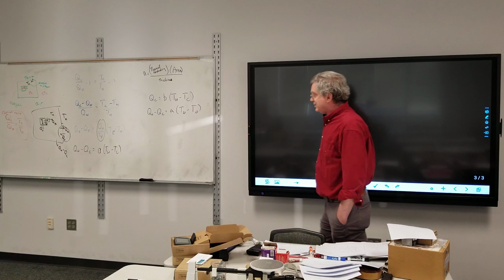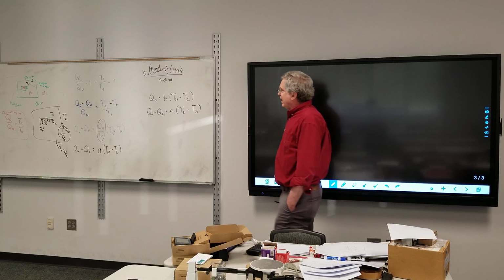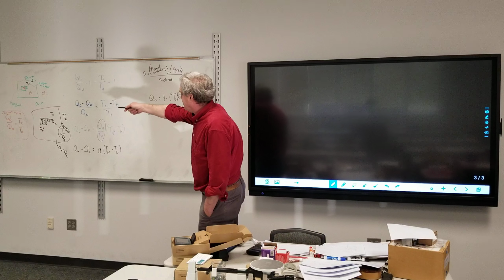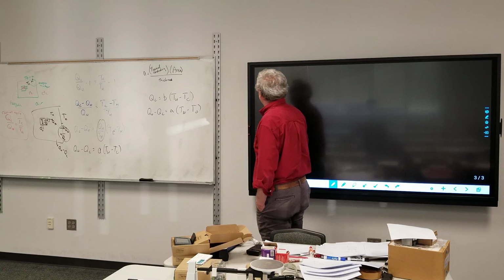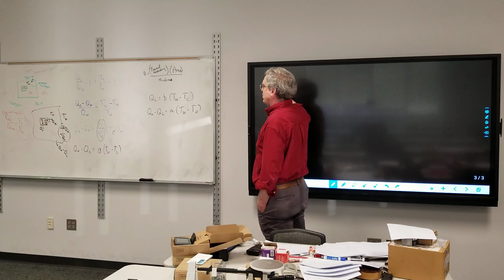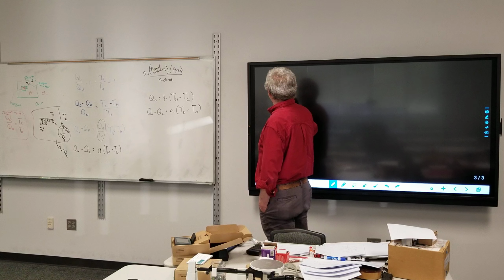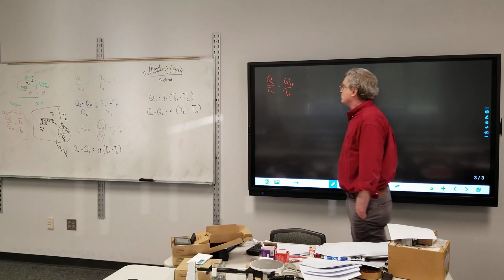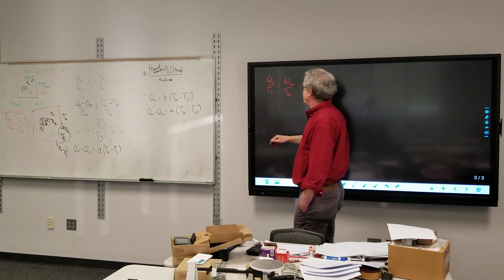All right. I know that QC over QH is TC over TH, or we can just change that around a little bit. I know that QC over TC is equal to QH over TH. Well, I have a formula for QC right there.